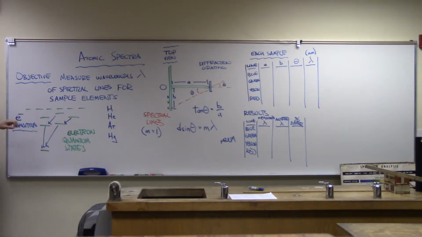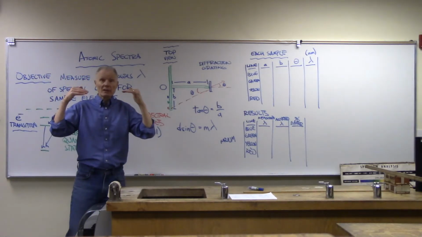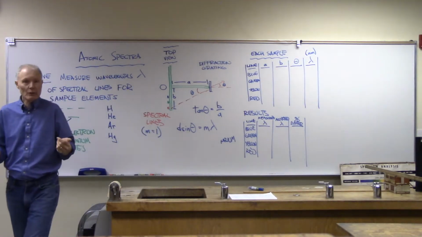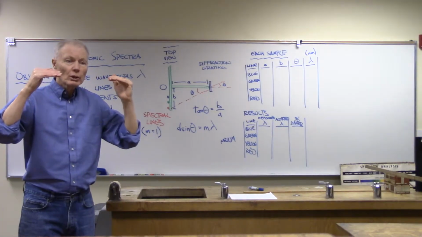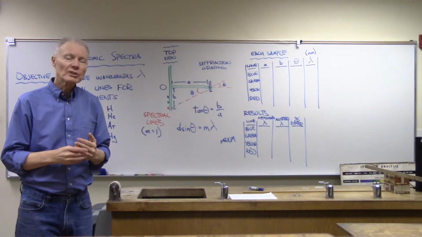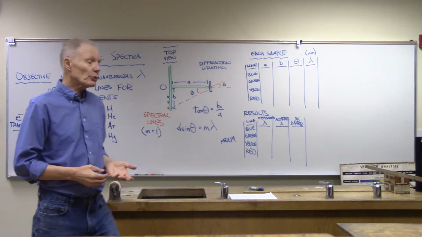or whatever. And if it's hydrogen, for example, we could excite the electrons into excited, higher energy states, and then the electrons will drop back down into lower states, and when they do, they're going to emit photons of a particular energy.